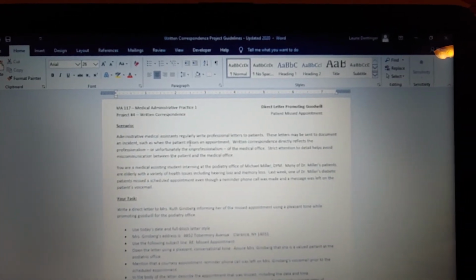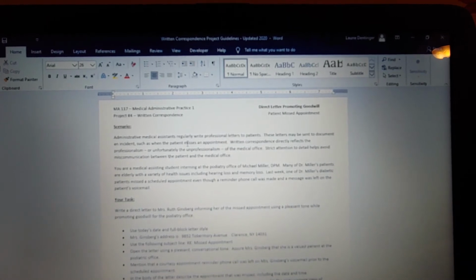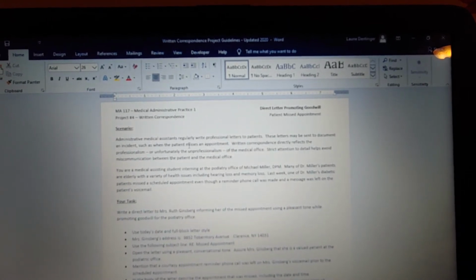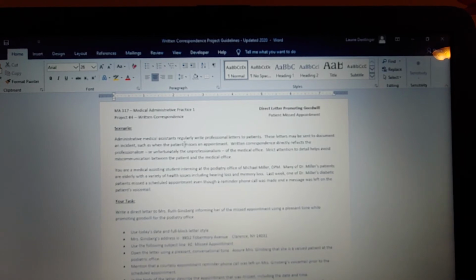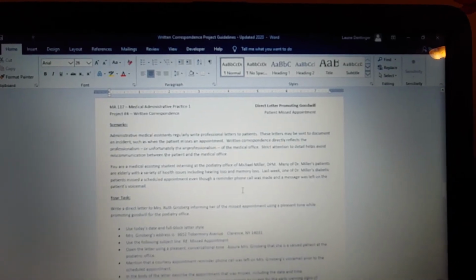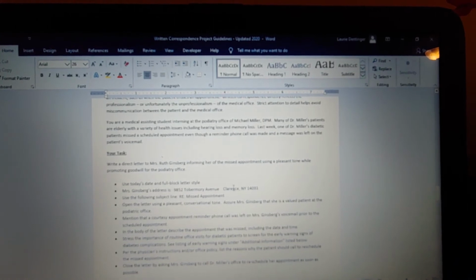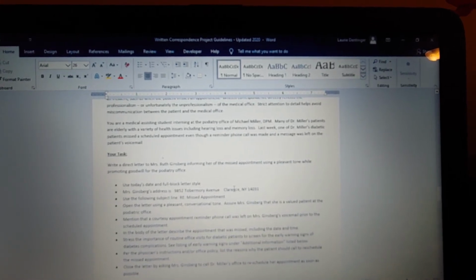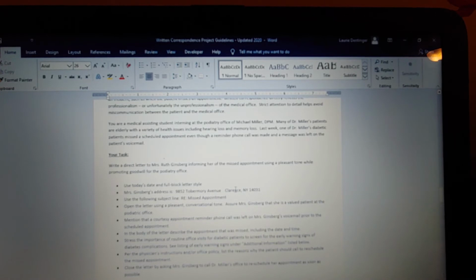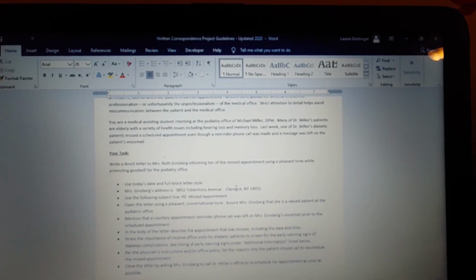In the body of the letter, describe what type of appointment was missed, meaning it was a routine office visit for a diabetic patient. It was a screening appointment. So those screening appointments are actually really important because they help a podiatrist to see if there's something really going on with their diabetic condition.